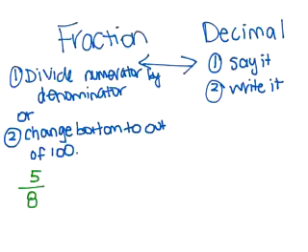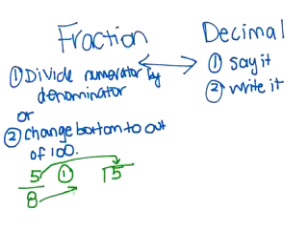If I was going to do the first step, I'm going to divide the numerator. Remember, the numerator goes inside the box, by the denominator, which goes outside the box. Okay, now I can divide. So I know that 8 does not go into 5, so I bring down a 0. 8 goes into 50 6 times.